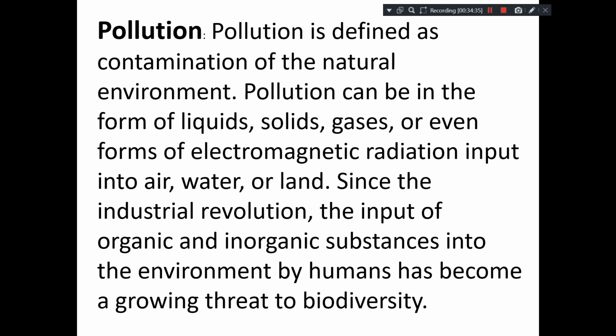They get changed. Whether in the aquatic environment or in the terrestrial environment, you can notice the same thing. And even sometimes the radiation inputs in air, water, and land. There is one saying, though it is not fully justified, that because of the electromagnetic radiation, nowadays we are not getting enough number of these Passer domesticus, what you call in Kannada the gubbi.